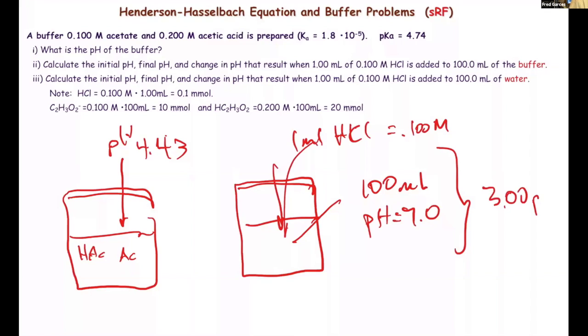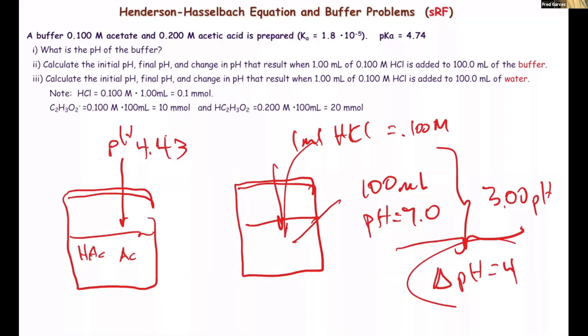So the difference, just based on 1 milliliter of hydrochloric acid being added to that water, is a difference of 4. That's a dramatic change if you're working with systems in which it's pH sensitive. The buffer system will absorb that excess hydrochloric acid, and the solution should stay within 4.43. That's the magic of buffer solutions.